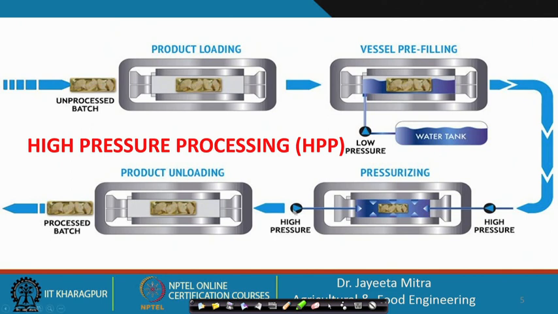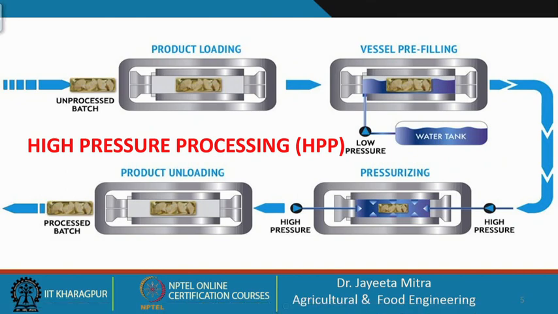Now, around 1999 scientists again started experimenting with HPP to assess its effects on the food, basically apart from the inactivation of microorganism, what other changes high pressure processing can cause. Still not much work has been done because of the high cost involved in this high pressure processing.